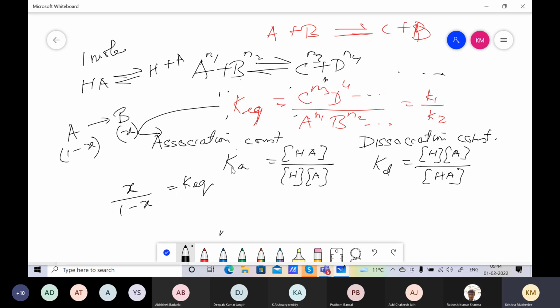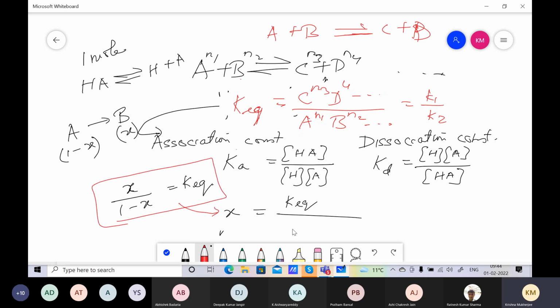Okay, and therefore X is equal to what? What is the amount of product formed? K equilibrium, बताइए भाई, divided by, from this equation here, what do we get as X?